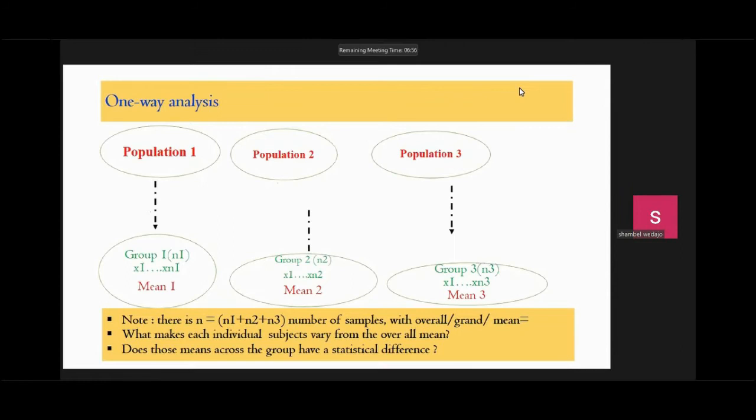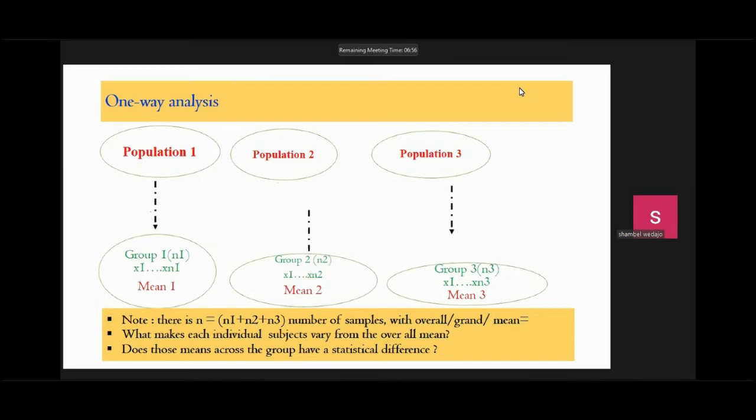Here is population 1, population 2, population 3. Assume, in the previous example, population 1 has mothers with low socioeconomy, population 2 has mothers with medium socioeconomy, and population 3 has high socioeconomy.